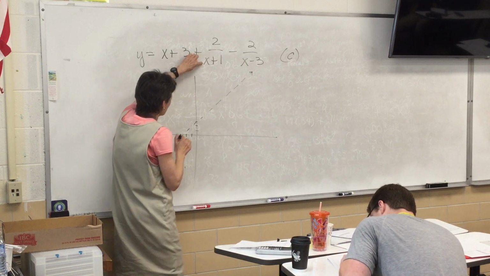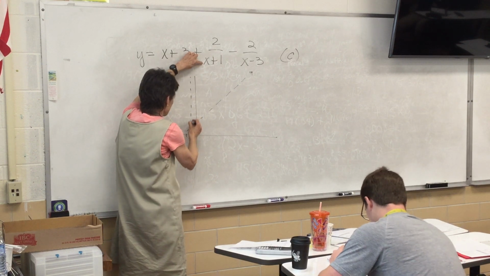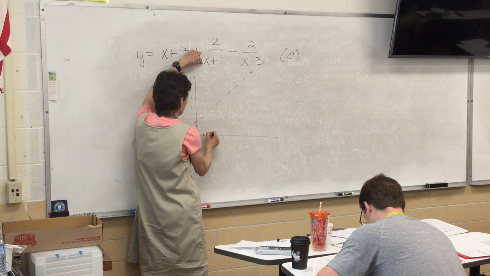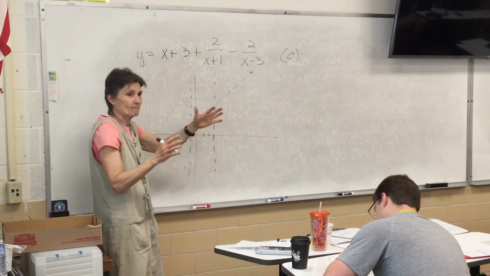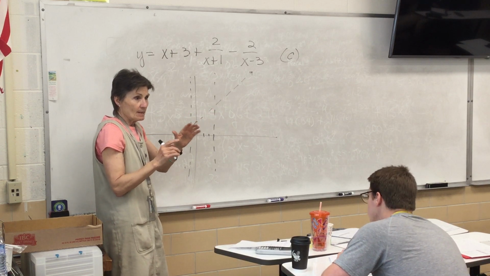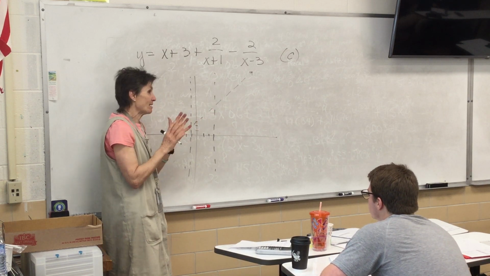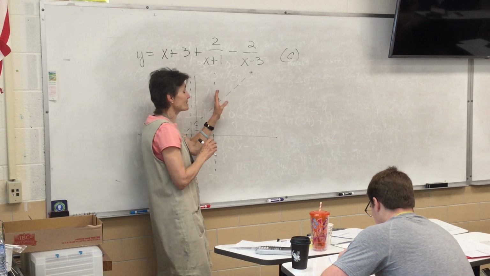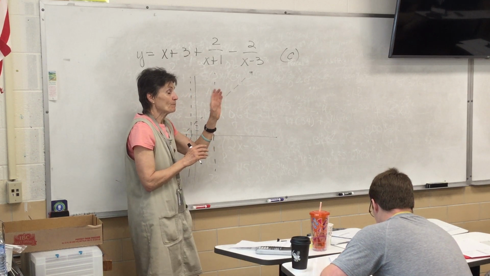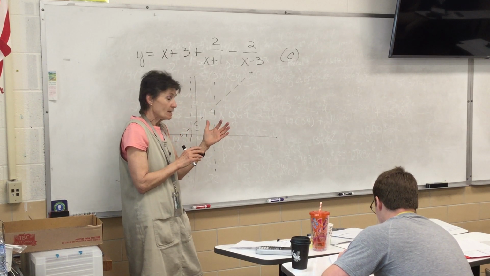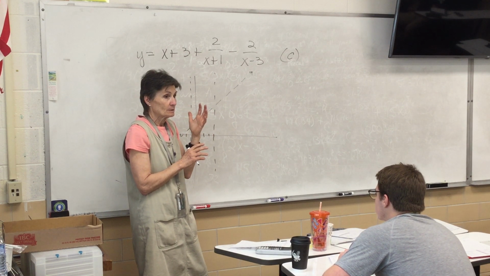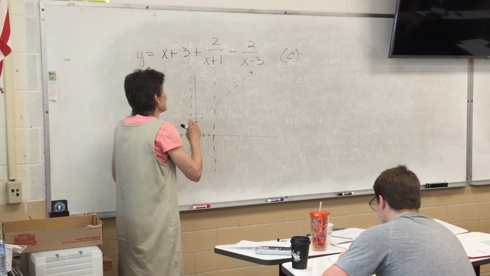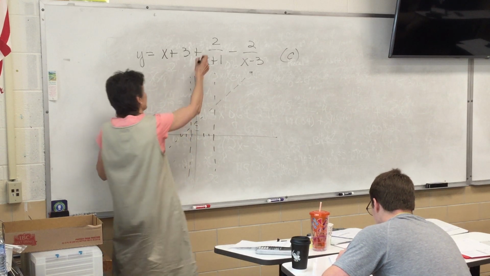Now, this tells me I have a vertical asymptote at -1 and an asymptote at +3. You know that already, right? We know because we've graphed a lot of these things that on one side of the vertical asymptote, the curve is going to be going up, and on the other side, the curve is going to be going down. You can actually tell that from the equation.